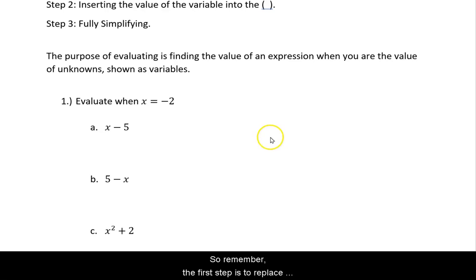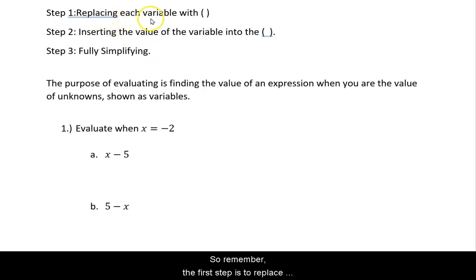So remember, the first step is to replace each variable with parentheses. So what I mean by that is I'm going to rewrite x minus 5. I'm taking the x out and I'm putting parentheses in, and then I'm subtracting my 5. So I'm just finishing out what I had written here.